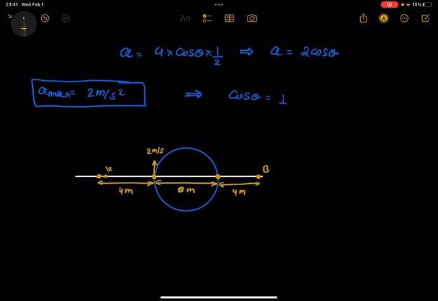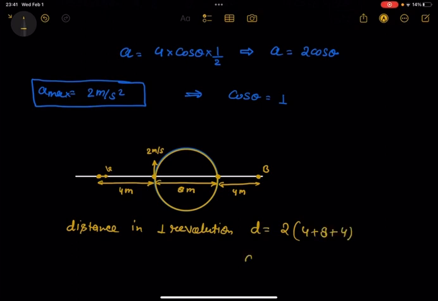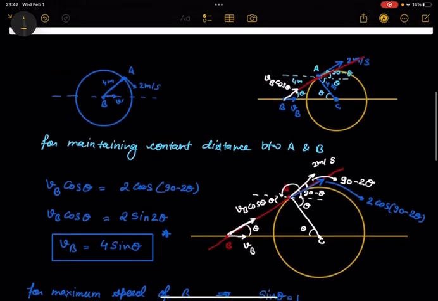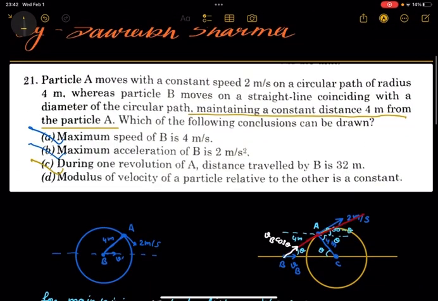So the total distance in one complete revolution is d equal to 2 times (4 plus 8 plus 4). So that is 32 meter. So the distance is also calculated. It is 32 meters. So this answer is also correct.